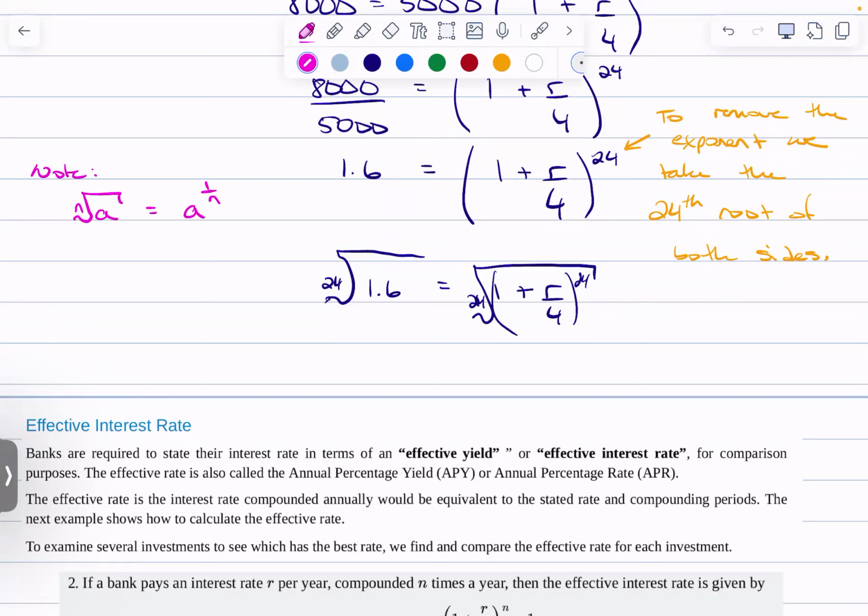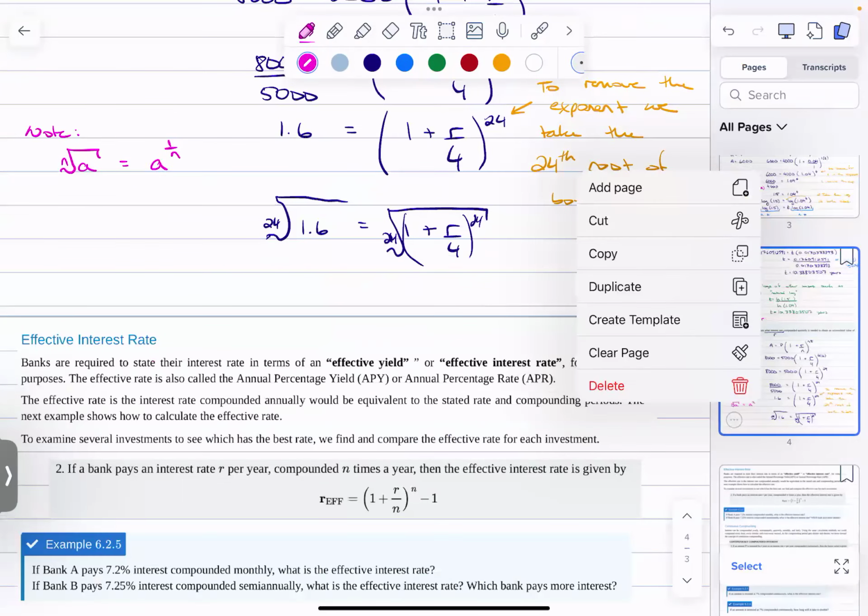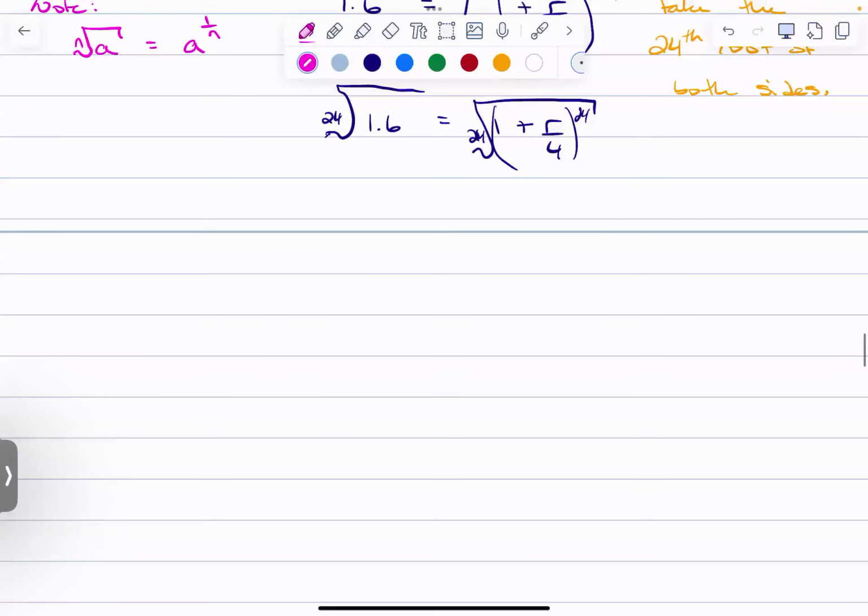Which means that the 24th root of 1.6 is 1.6 to the power of 1 over 24. So this is 1.6 to the power of 1 over 24, which equals (1 plus r over 4 to the 24) to the power of 1 over 24.